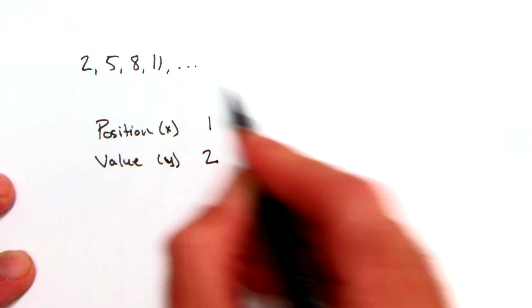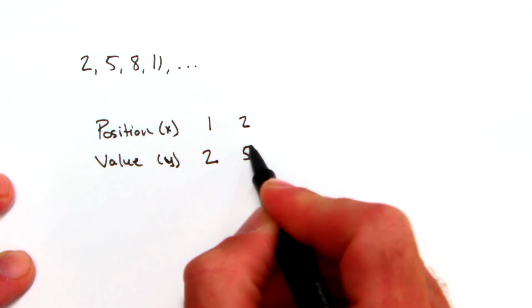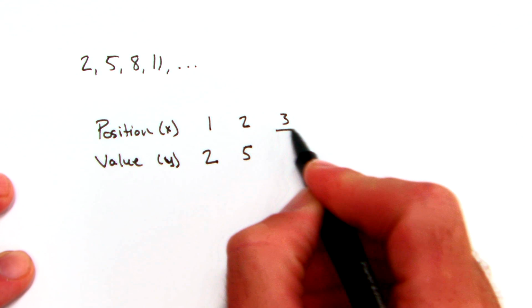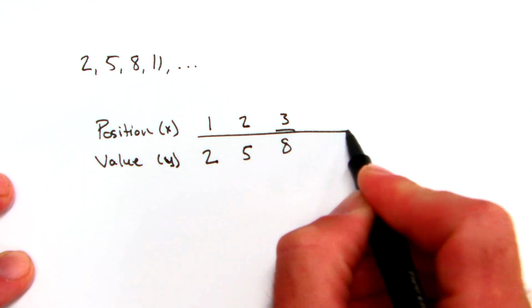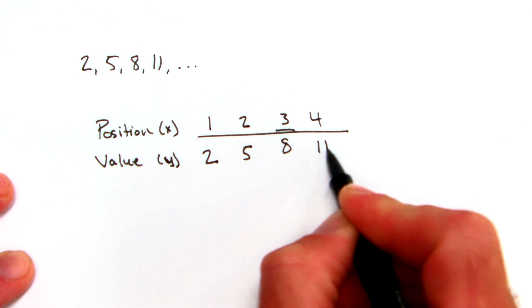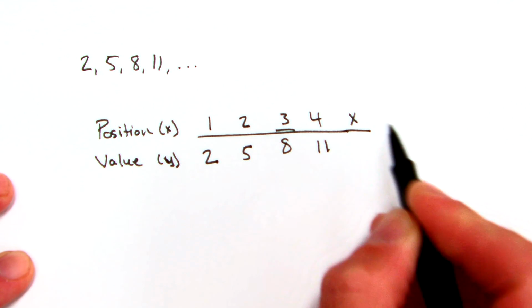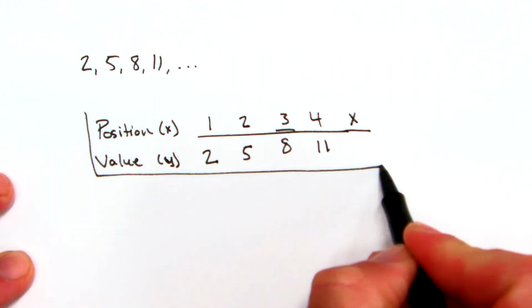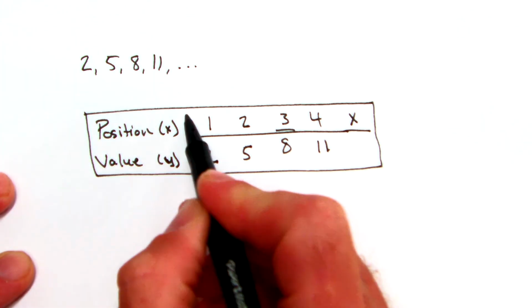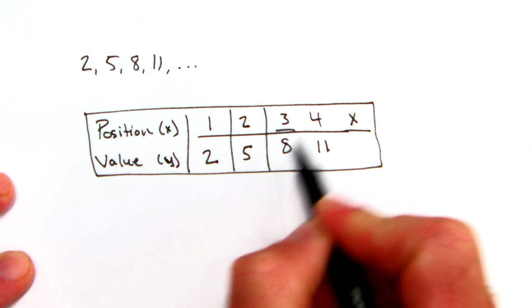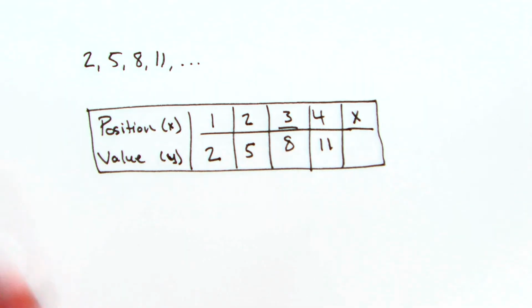In our second position, we have a 5. Third position is an 8. Fourth position is an 11. And then what if we had an x, where it works every time? And from this point, you just rework it the way that we work the past charts.